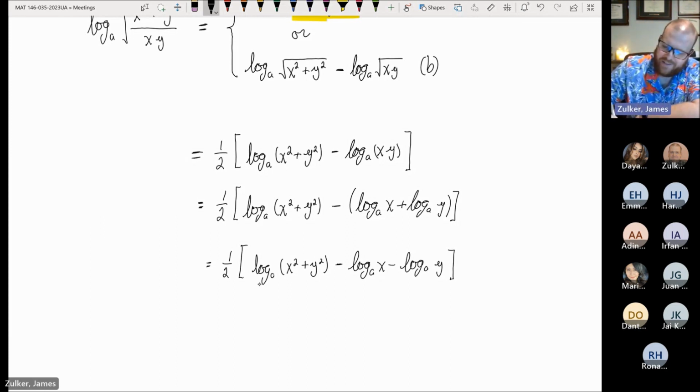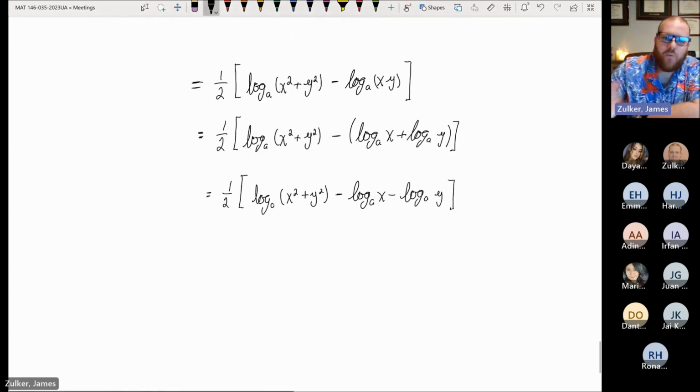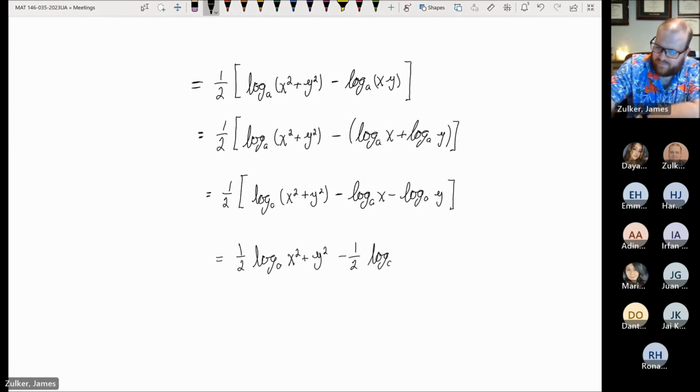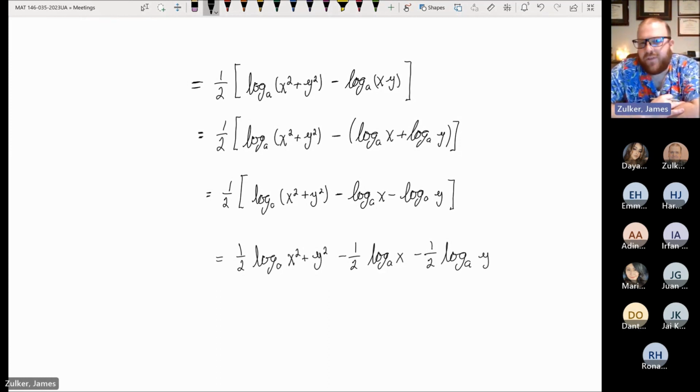Is there anything we can do with this first log? No, there's only one thing left we can do. And let's distribute that 1/2 through to everything.